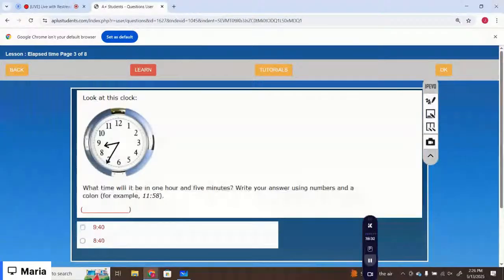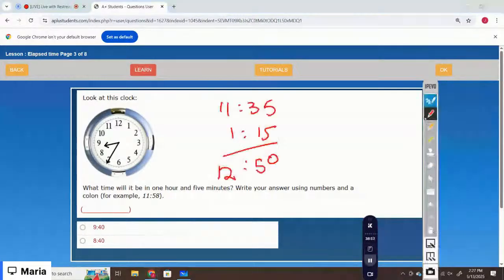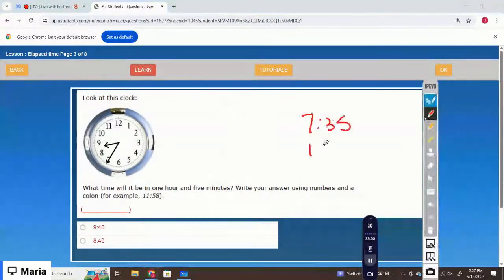Look at this clock. What time will it be in 1 hour and 5 minutes? That is 7:35. And 1 hour and 5 minutes. So 35 plus 5 is 40 minutes.